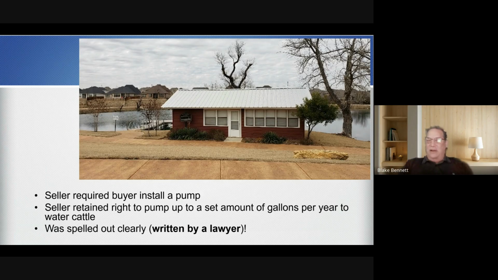And in the contract, it stated that the buyer was responsible for maintaining the pump that was used to pump water up to the irrigation system for the hayfield. This was a bad deal for the buyer because it's very expensive. Pumps can get very, very expensive, and it cost a lot to pump water uphill a half mile. But this surface water was severed from the estate. Make no mistake, you can do it. I've seen it done. Anything in that contract is negotiable.